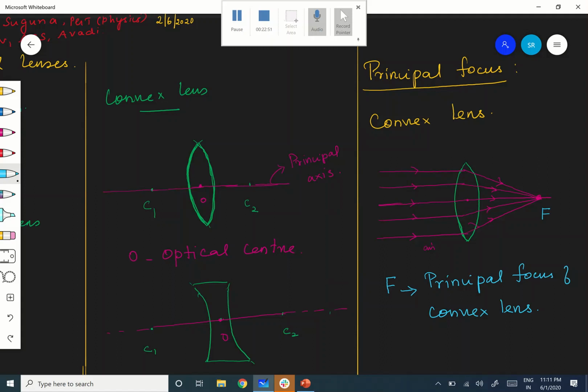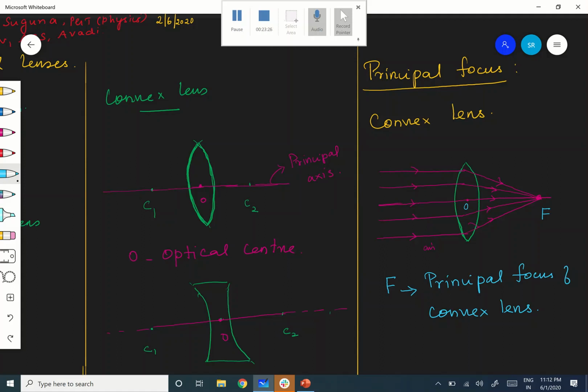That point is what is called the principal focus of a convex lens. Once again I repeat, the light rays parallel to the principal axis. This is the principal axis, this is the optic center. Therefore the light rays parallel to the principal axis, which after refraction by a convex lens will converge at a point lying on the principal axis, that point is called the principal focus of the convex lens.